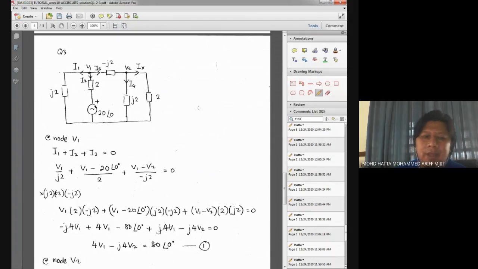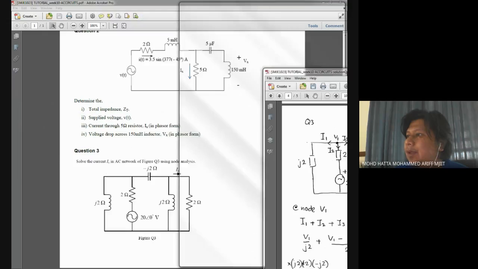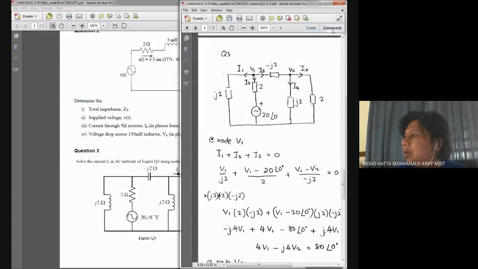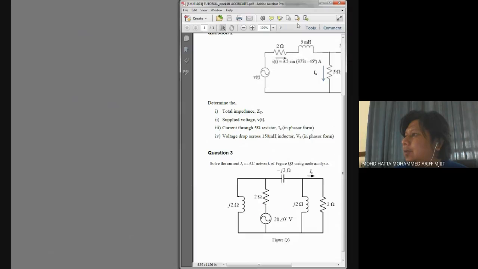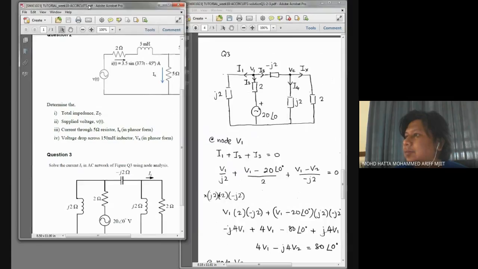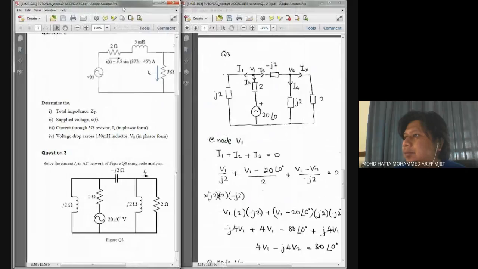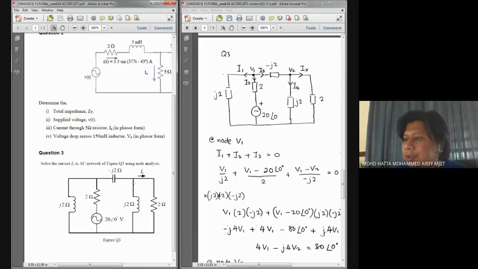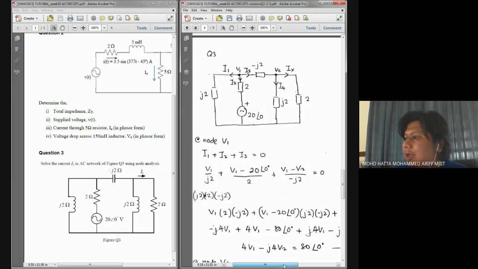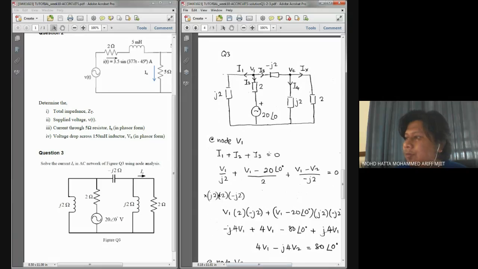And remember that for node analysis, the first thing we need to do is to assign the current direction. If you look at the question, current directions were not assigned. So you can first assign the current direction and keep it throughout your whole calculation.